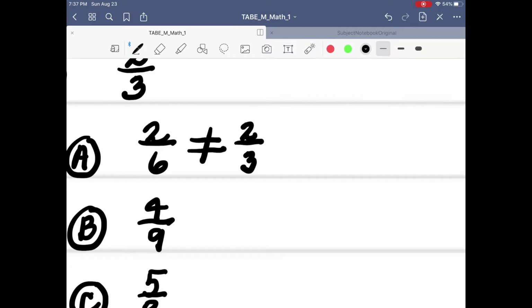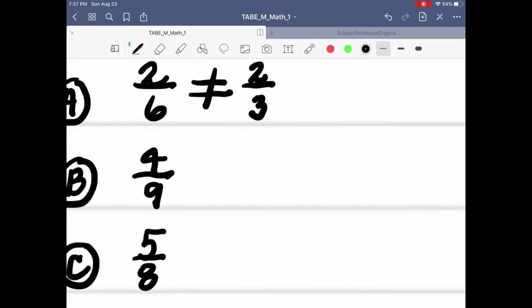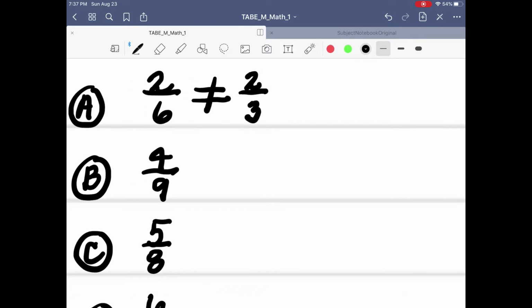So this is in fact not equal. 4/9 is a good possibility because 9 and 3, those bottom numbers, are in the same family. They're related by multiplication. So let's see if this one could be the one I'm looking for, comparing it to 2/3.